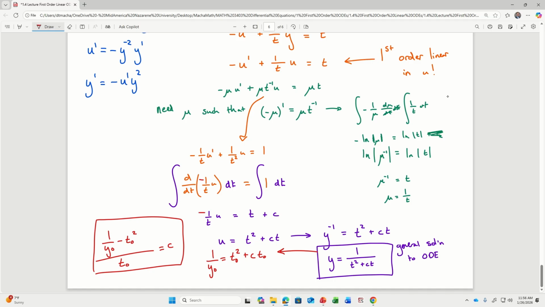And then it should be a negative here, and here, and here, and here. So I should just put a negative in front of my solution.